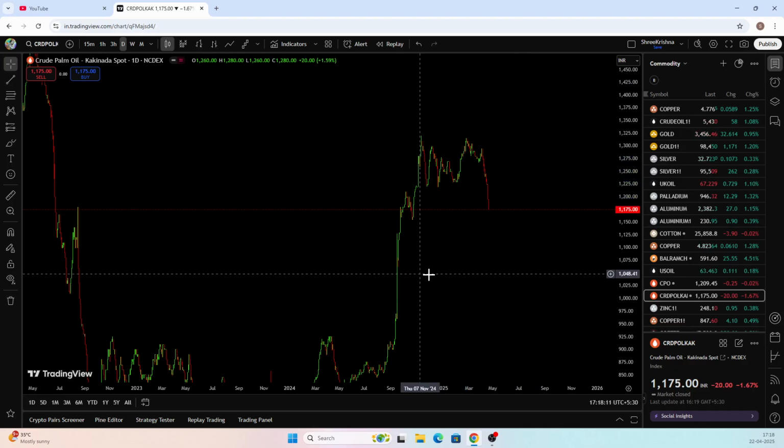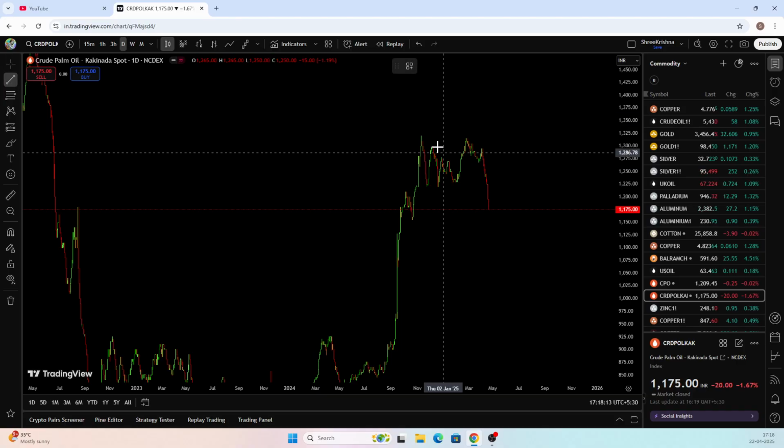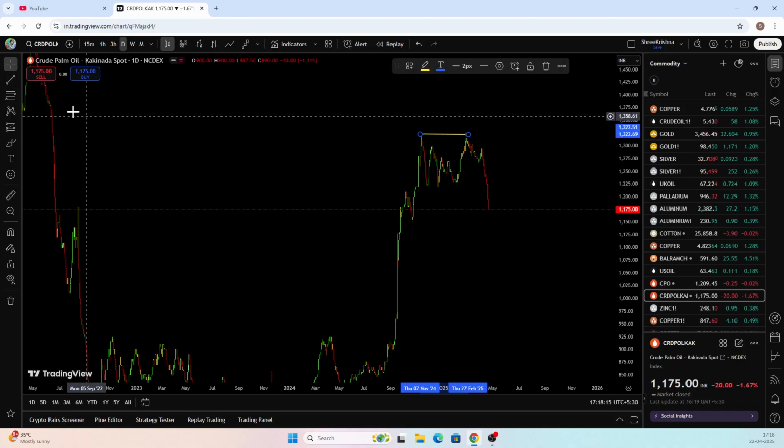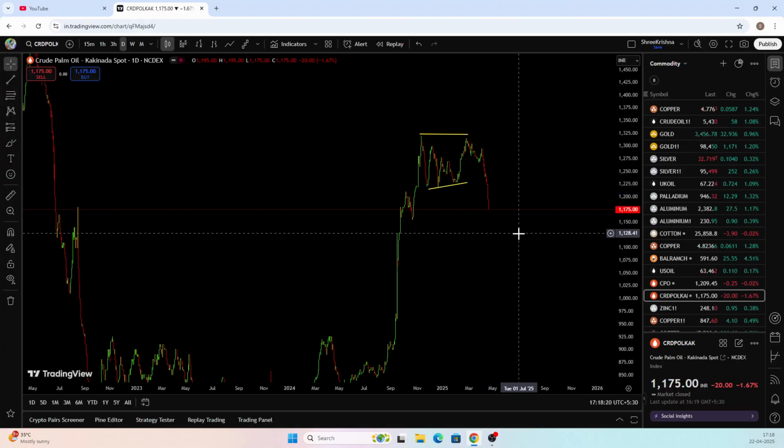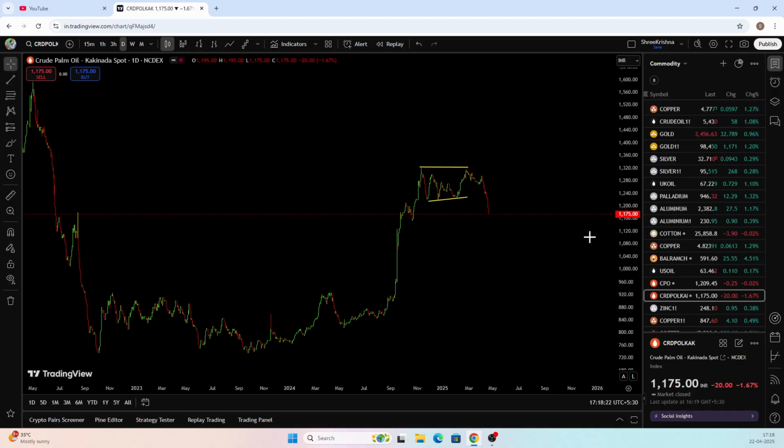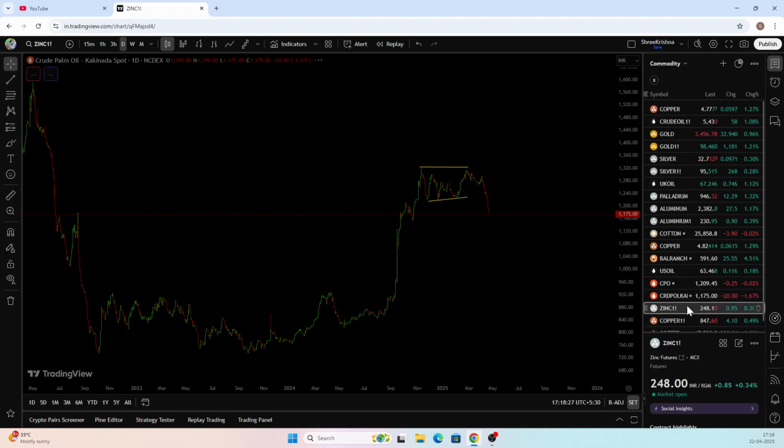What we are looking at in palm oil is that it may start heading towards 1500 or 1520. So palm oil is going to increase.